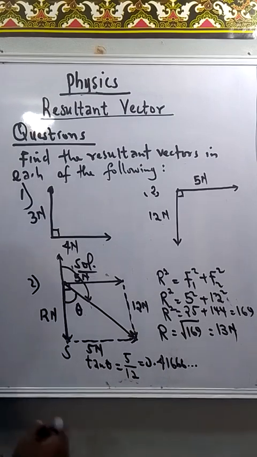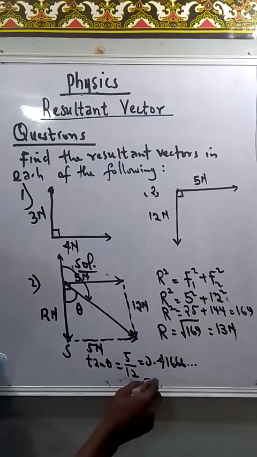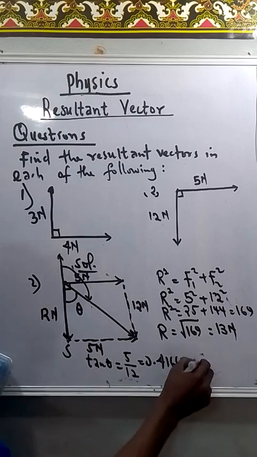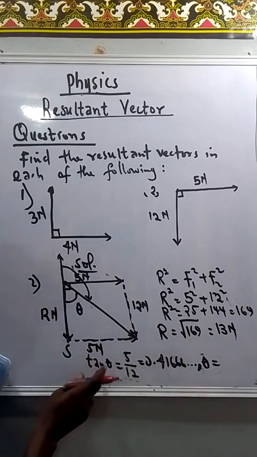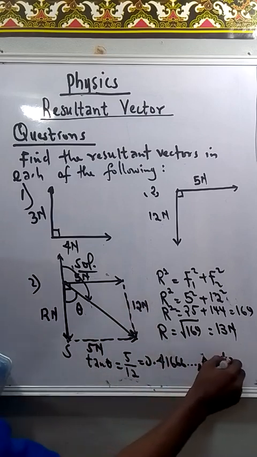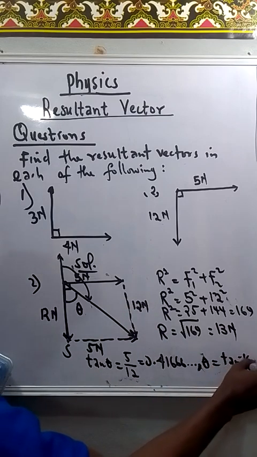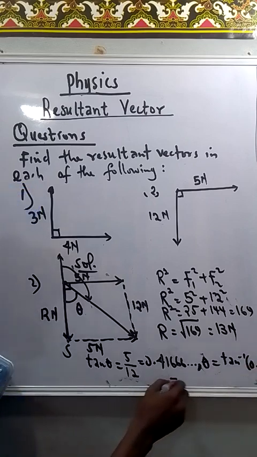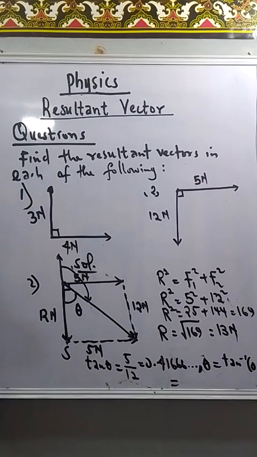So if we press the arctan of that, that means theta will be equal to arctan of 0.416666 and so on.